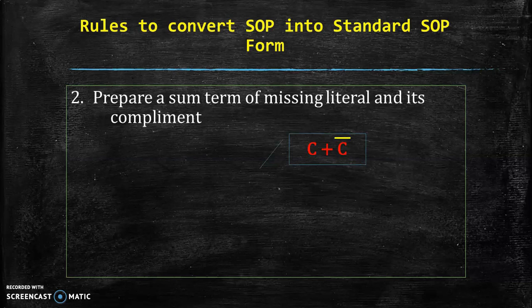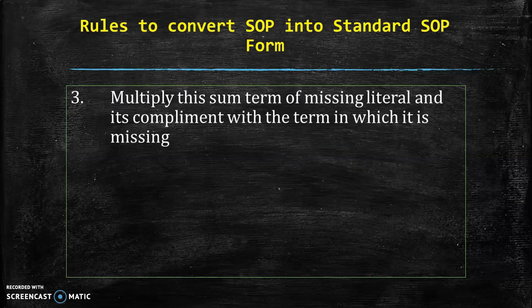In case of OR operation, we know that A plus A bar or B plus B bar is equal to 1. Because literal C was missing, we have prepared a sum term which consists of the missing literal and its complement, C plus C bar.